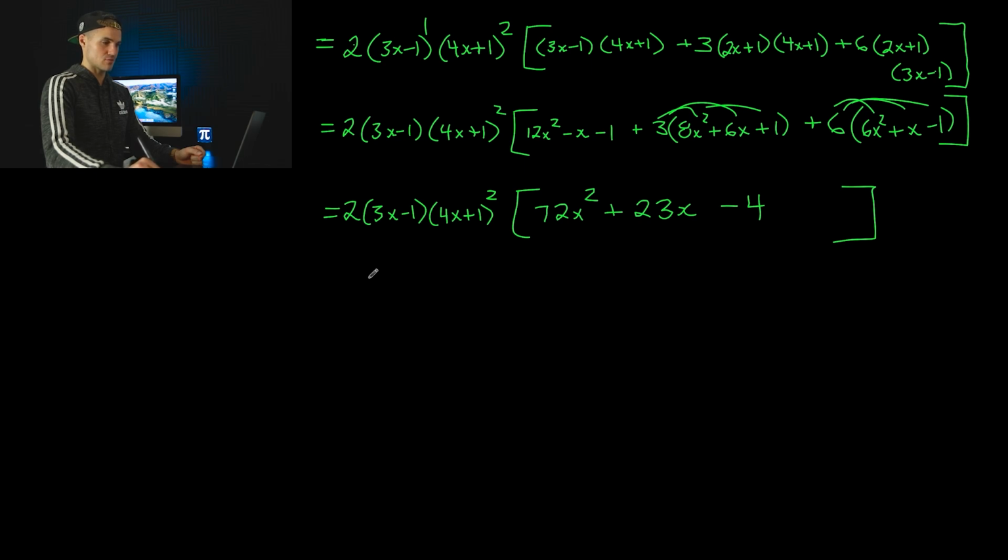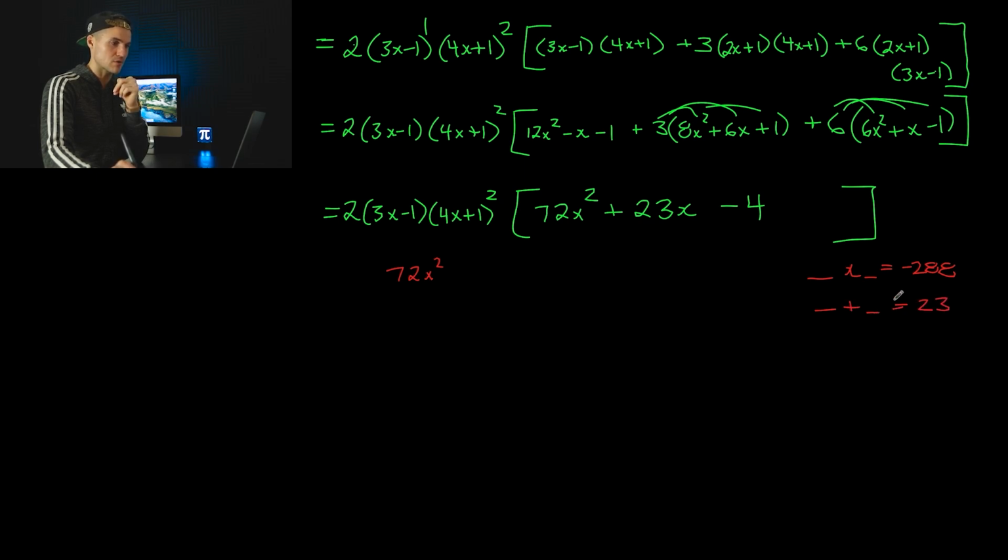So 72x squared, if you decompose this, two numbers that multiplied, 72 times negative 4 would be what? Negative 288. Two numbers that multiply to negative 288 and add up to 23 would be 32 and negative 9, like that.